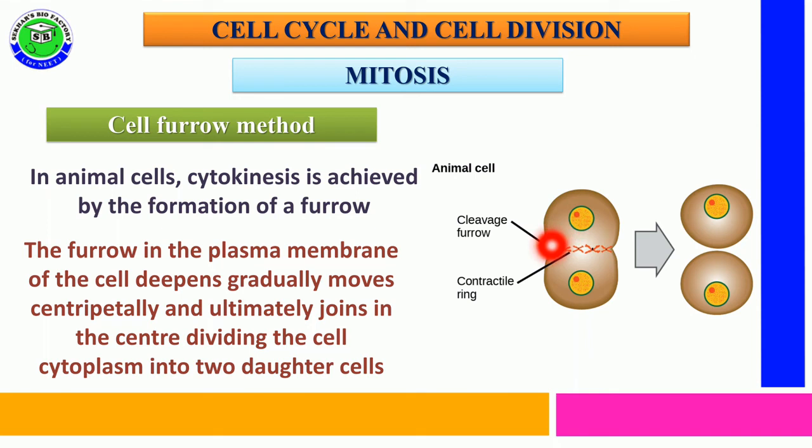That means the movement starts from the periphery and the furrow moves towards the center. This is called centripetal growth, and ultimately the furrow joins to divide the cell into two daughter cells. This is the cell furrow method seen in animal cells.